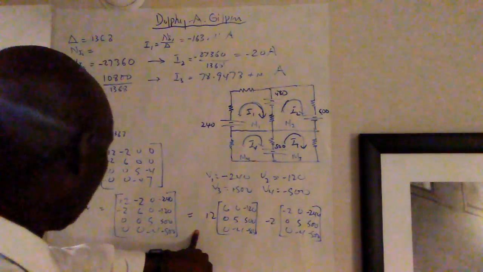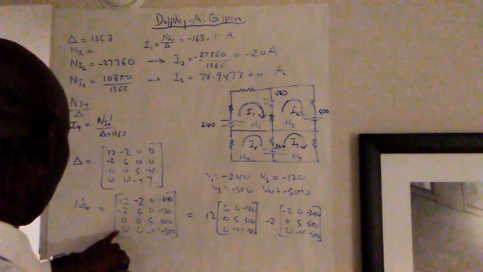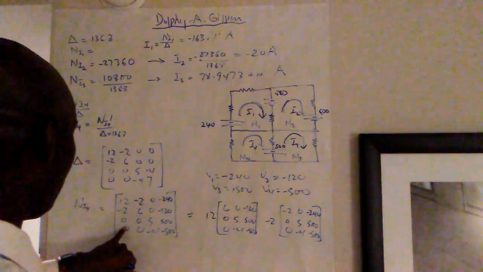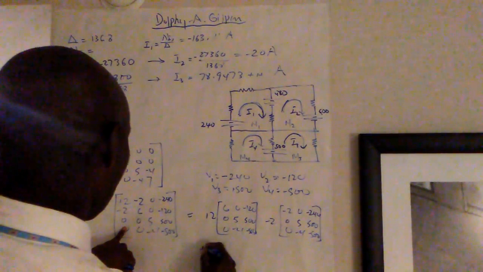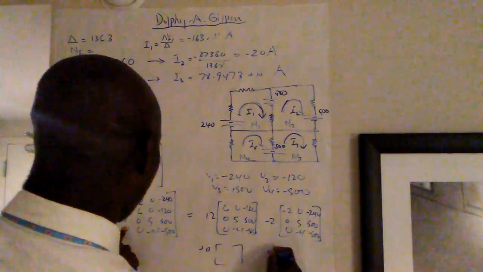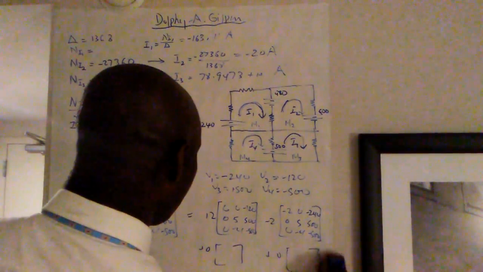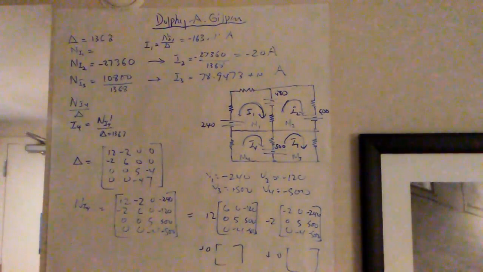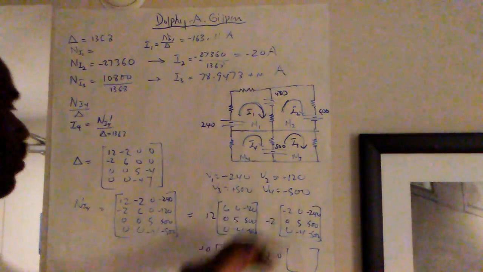So here we have now that, and these two will turn out to be 0, which will be plus 0 into something, and plus 0 into something, and 0 times anything will turn out to 0. So we are mainly concerned with these two.